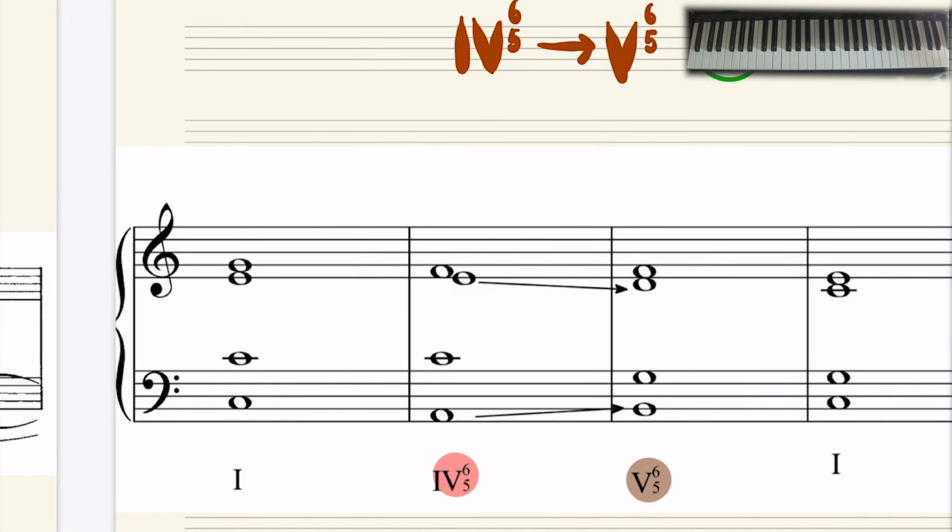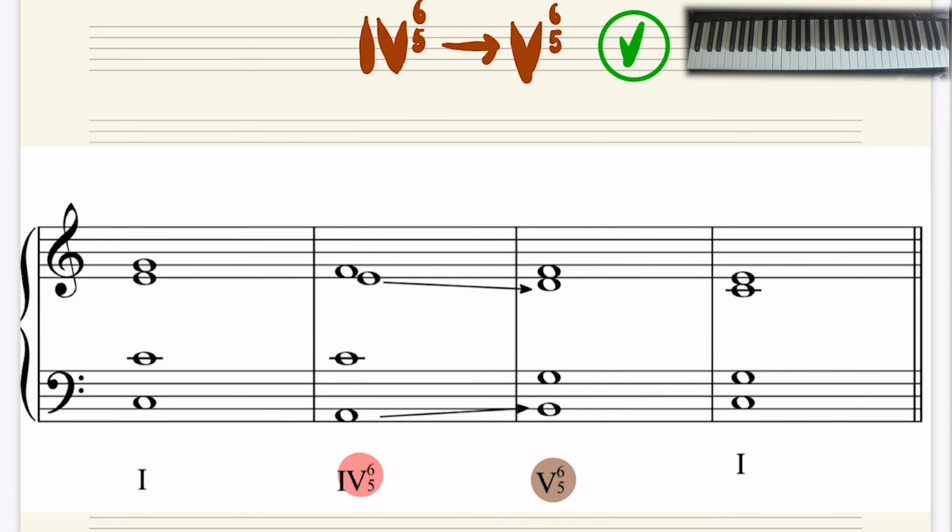Now I would like to talk to you about an especially beautiful progression of chords, 4-6-5, 5-6-5. Listen to the following example.